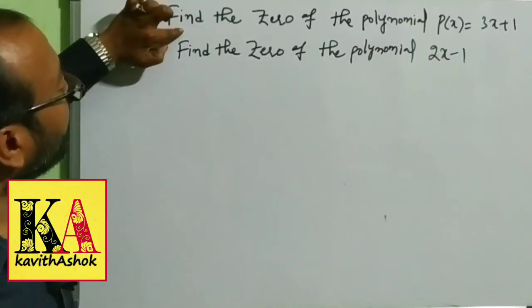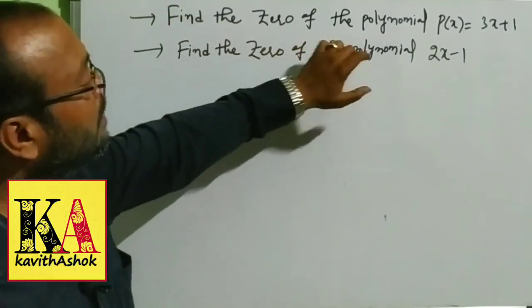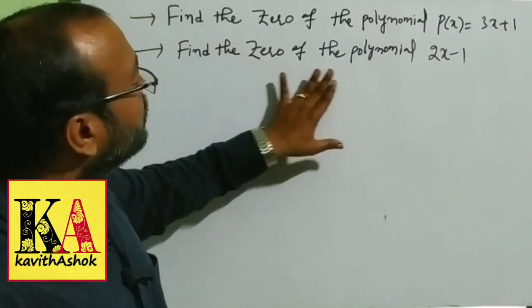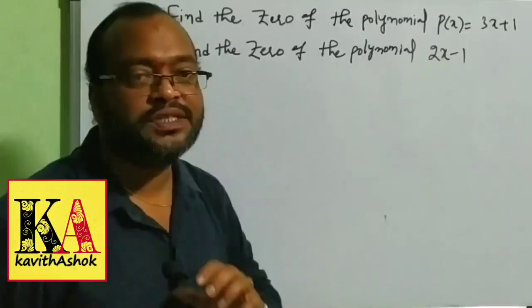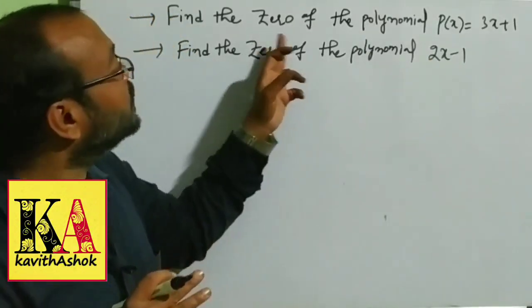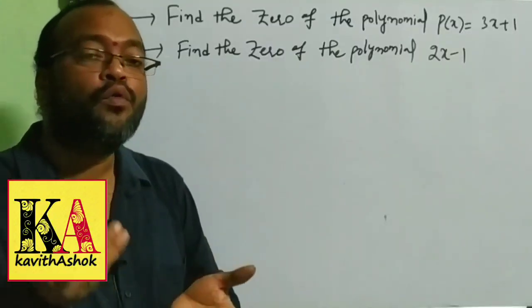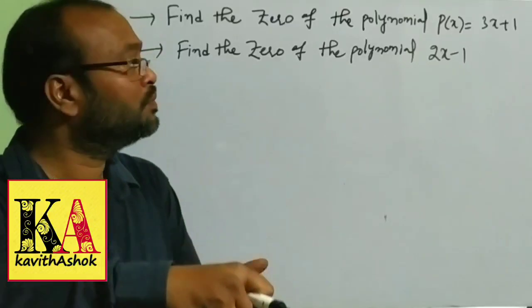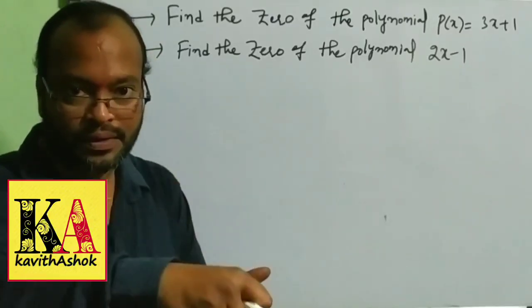What is given here? Find the 0 of the polynomial p of x is equal to 3x plus 1 and find the 0 of the polynomial 2x minus 1. First, 0 of the polynomial in the sense here what we are substituting in the polynomial to get the answer as 0. So already we know the answer will be 0.